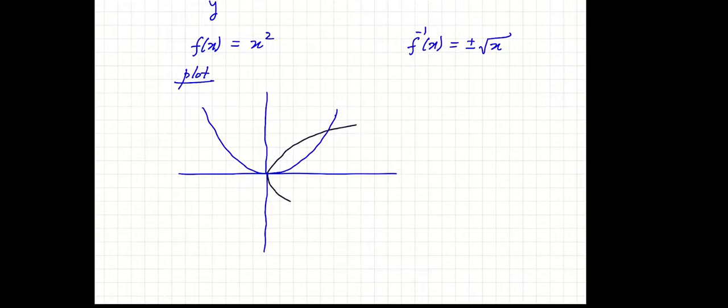And negative square root of x is like this. Now what is this one? Positive square root of x. What about this one? Negative square root of x. What about the blue one? x squared, right? Now this is the problem we have. Now what is y is equal to x? y is equal to x should be like this, right?